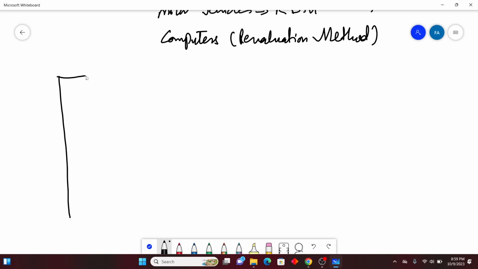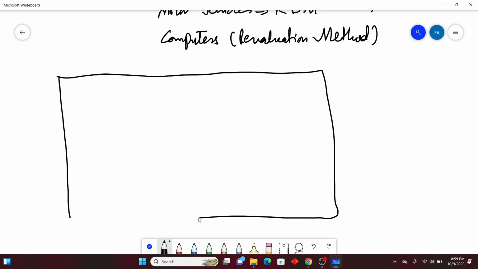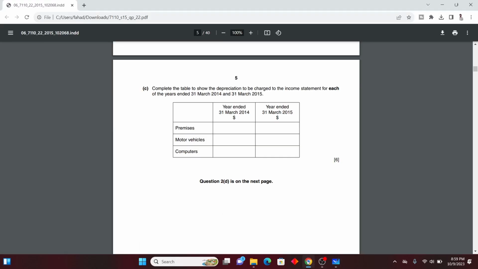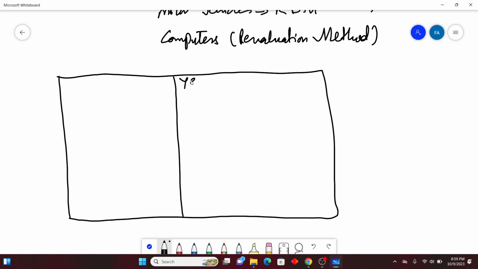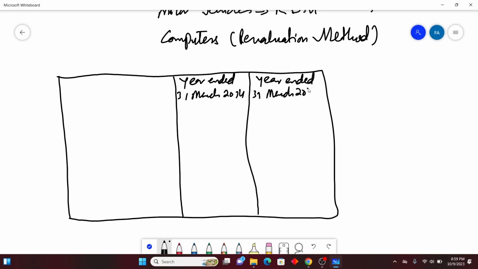Okay. So I'll just make a big table over here. We have to just say year ended 31st March 2014. Then we have this much, which is year ended 31st March 2015.